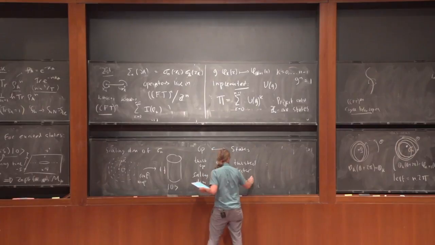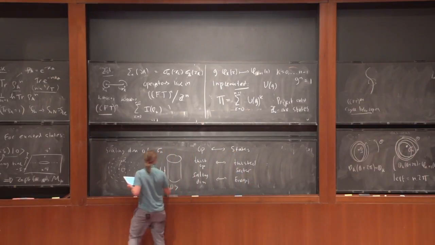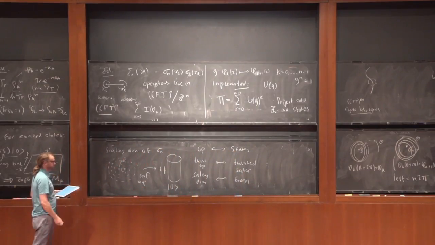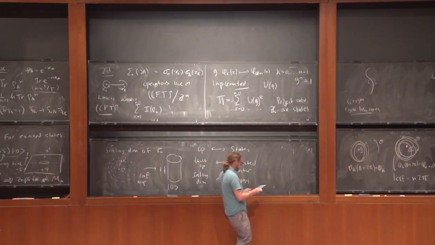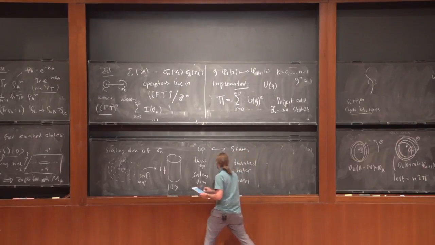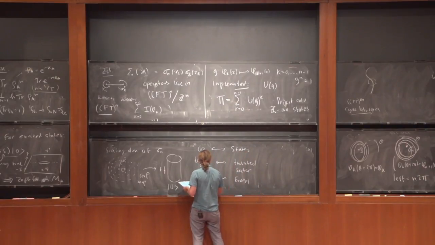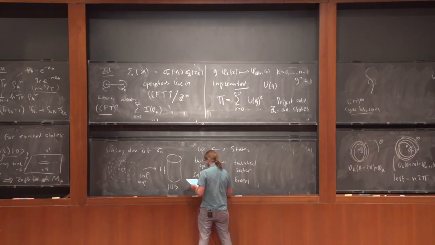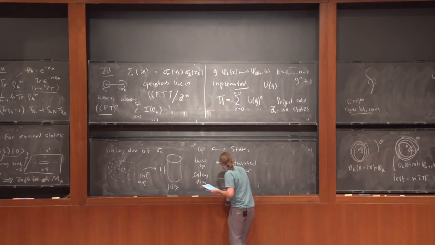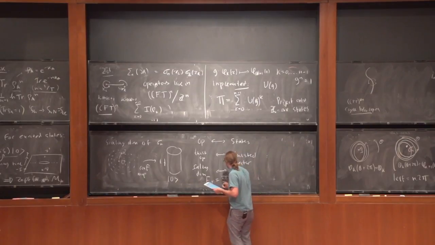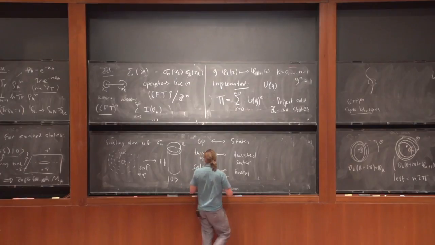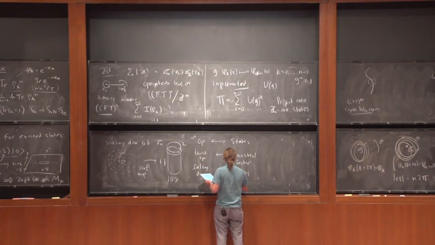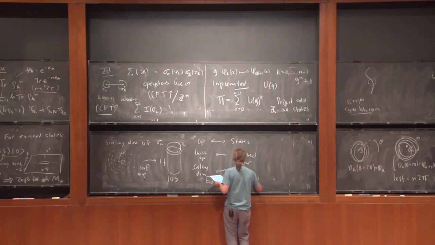So if you compute the energy of this state, then up to some constant shift, it maps to the scaling dimension of that operator. The energy of this operator is 2 pi divided by L, where L is the size of this circle, times the dimension of the operator, up to some shift.